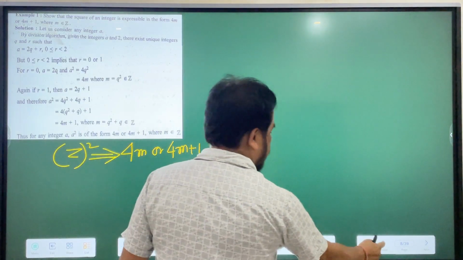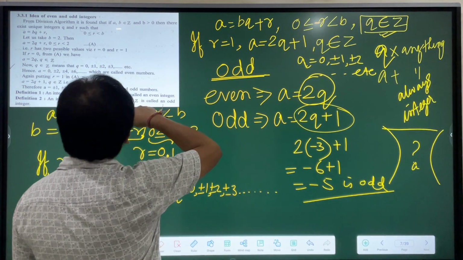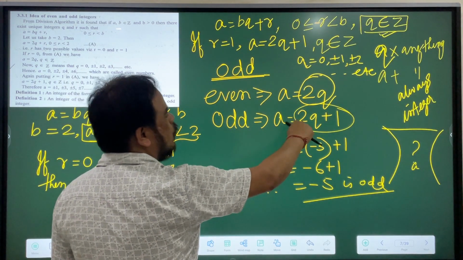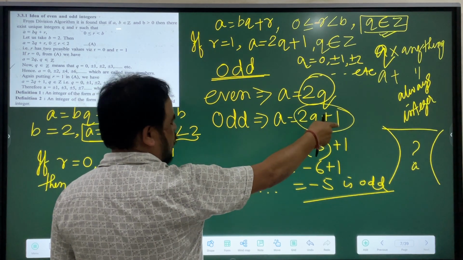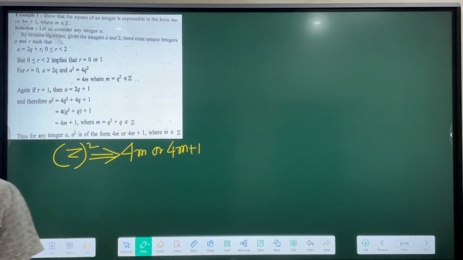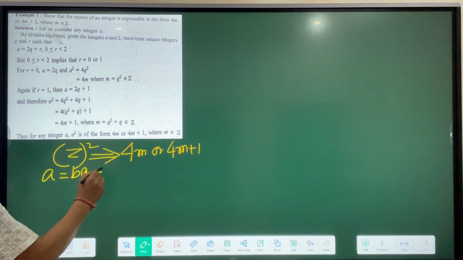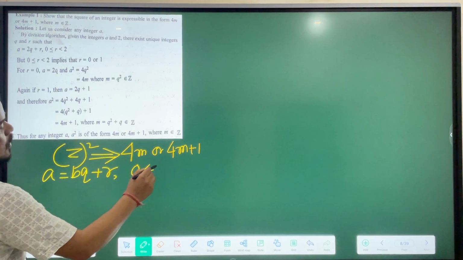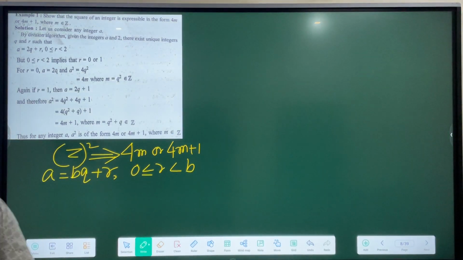Previous one, 2Q or 2Q plus 1, even and odd. Here 2m, 2m plus 1, 4m, 4m plus 1. So the meaning is the same. What we have got is A equals BQ plus R. Always remember this.